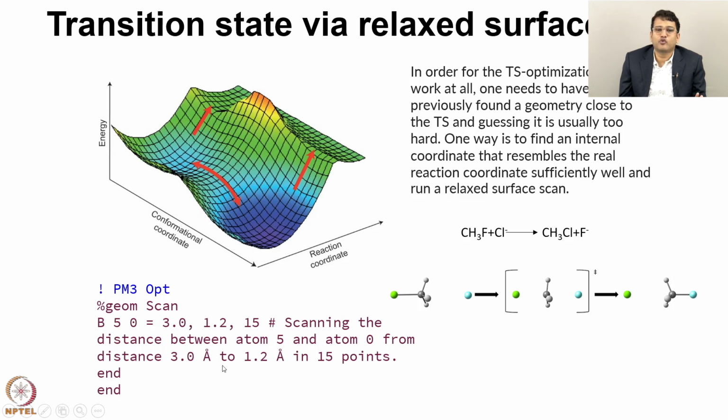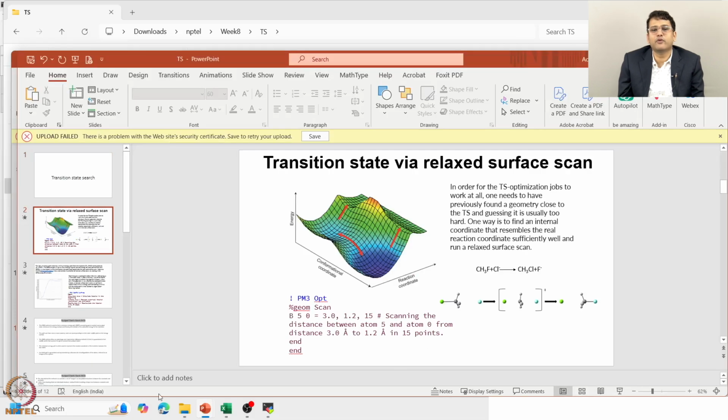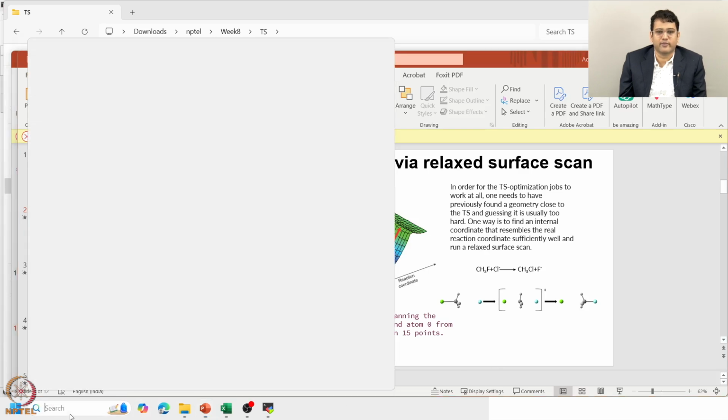To understand that, first we need to get the reactant and the product. Cl minus geometry we know, as well as the fluorine minus, because it is just an atom. So, let us first get the geometry of methane and fluoromethane. Up to now we were mostly using Avogadro. For chloromethane and fluoromethane we still can use Avogadro, I believe.